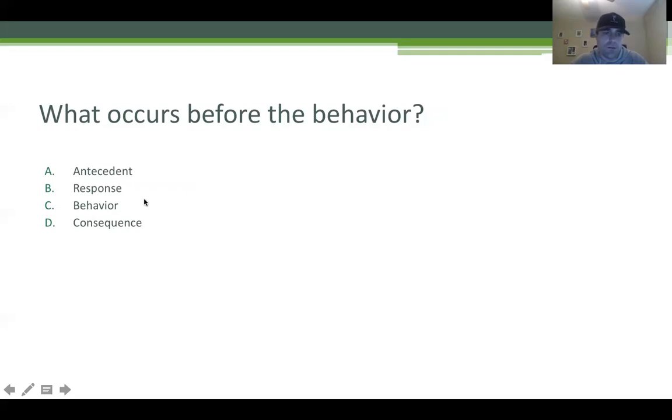Behavior is the behavior. The consequence occurs after the behavior. So what occurs before? Antecedent. Remember, ABC: antecedent, behavior, consequence. This is a very easy question. Don't miss these questions. These should be layups on the test. What occurs before the behavior? Antecedent.